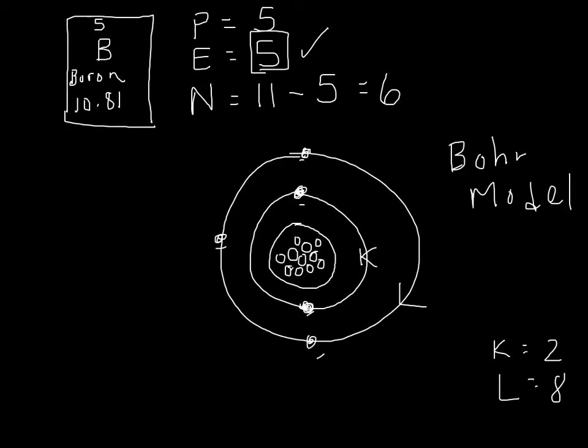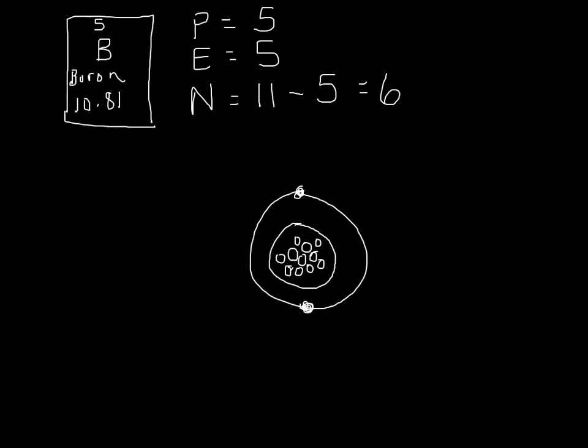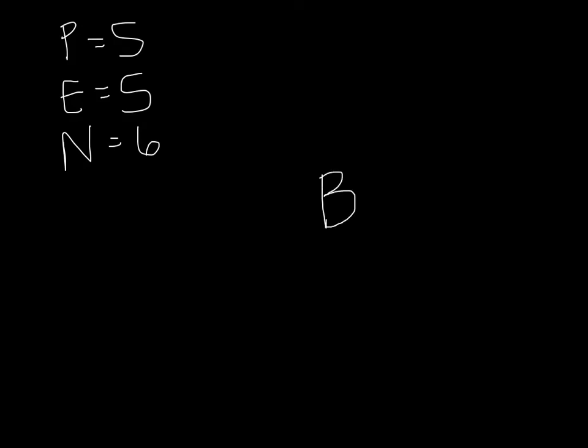So an easier way to even see how reactive an element is going to be is to actually draw a Lewis structure. So if we were to keep the same element, boron, remember it has 5 protons and therefore 5 electrons and 6 neutrons, we know that its first energy level is full because we're going to take 5 minus 2 and we're going to have 3 left.